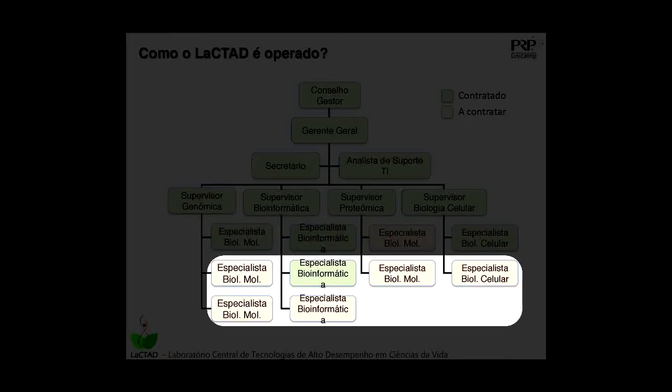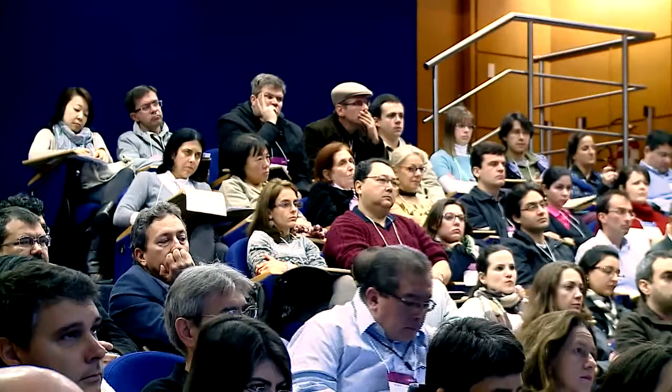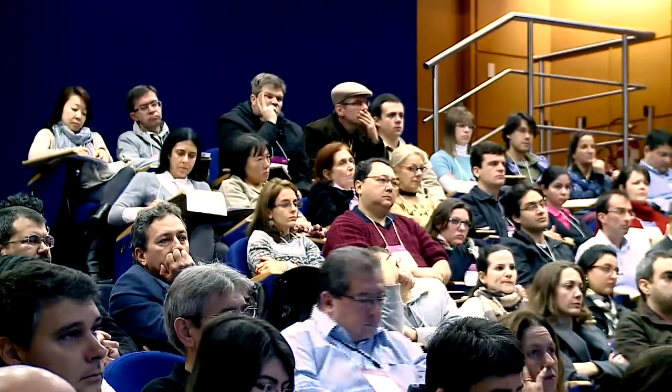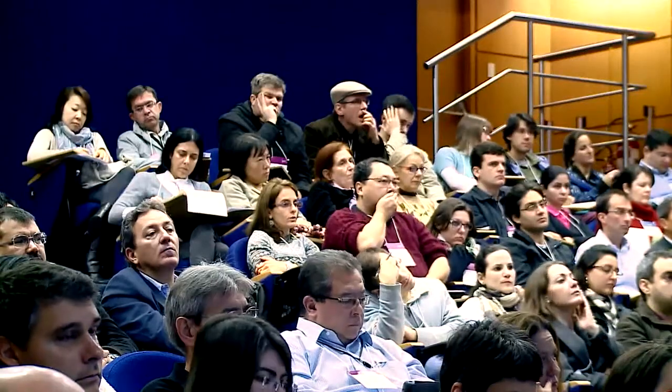We are now putting effort to contract the last 5 or 6 members that the university provided us the possibility to hire. So perhaps by the end of this year, we will be with 70 people to run all the equipment and the technologies in the facility.